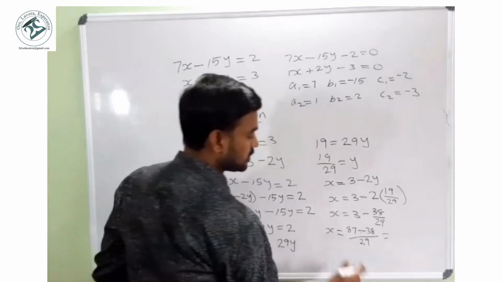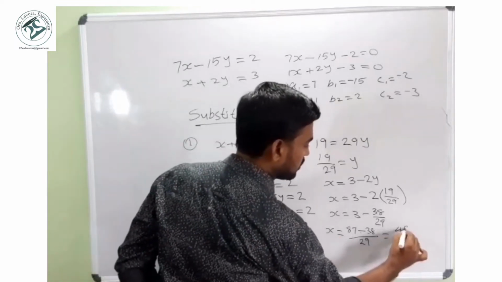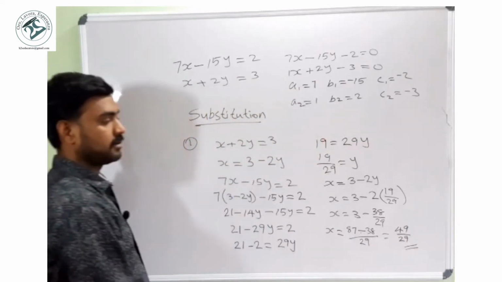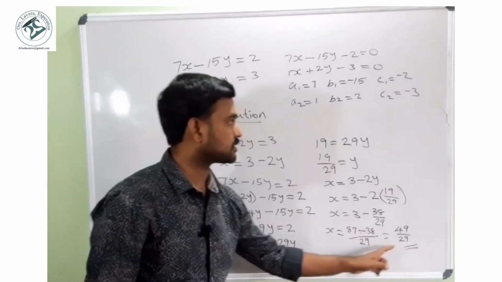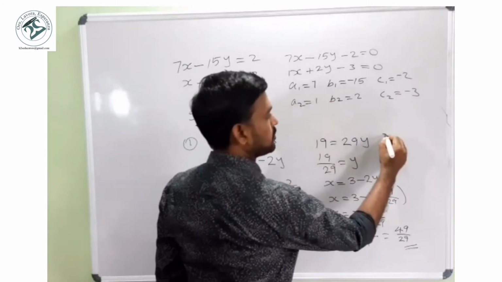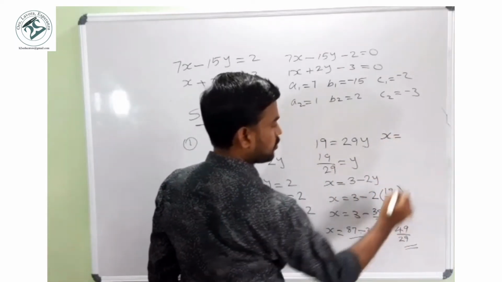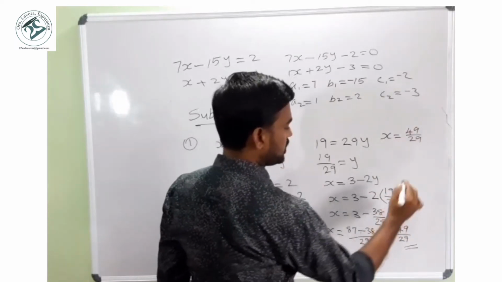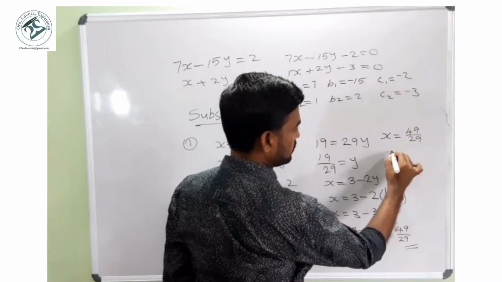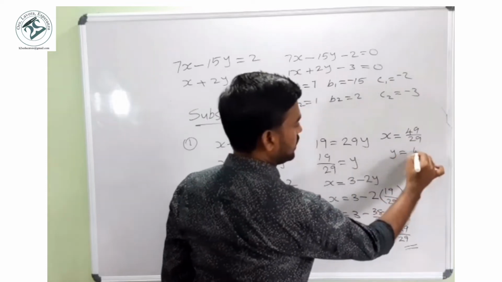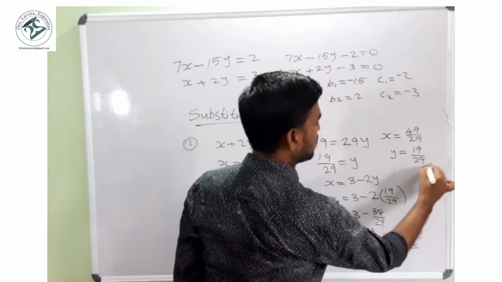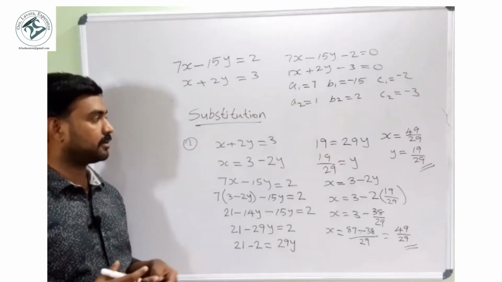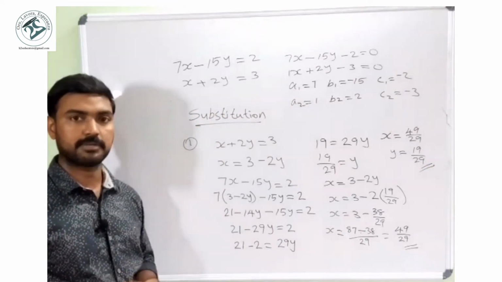So we get 49 divided by 29. So this is the value of x. So we got x is equal to 49 by 29 and y is equal to 19 by 29.